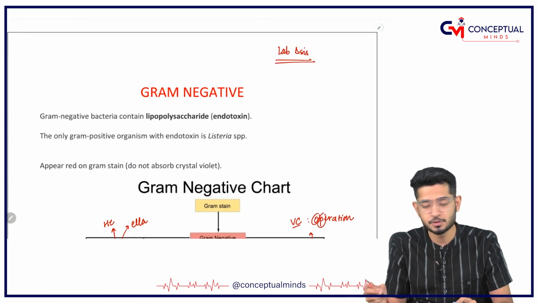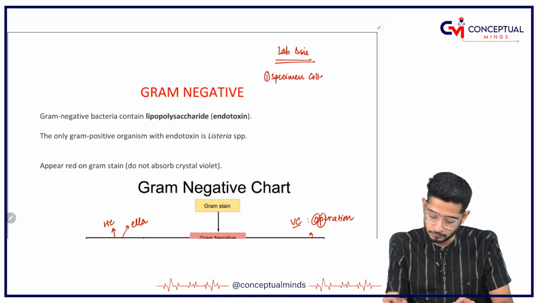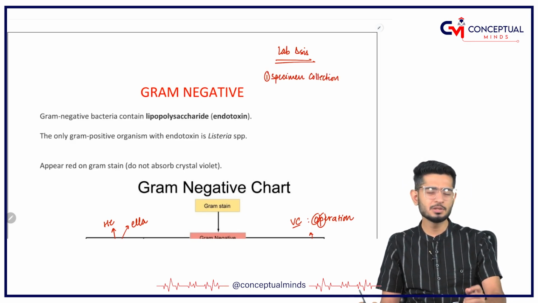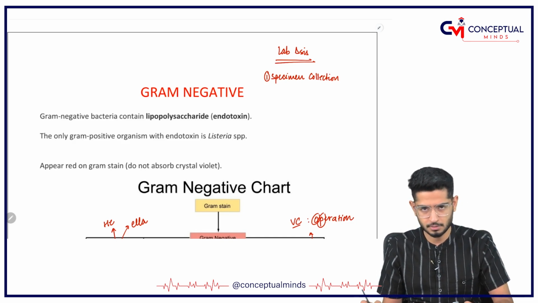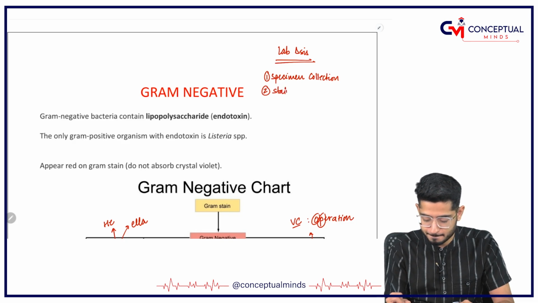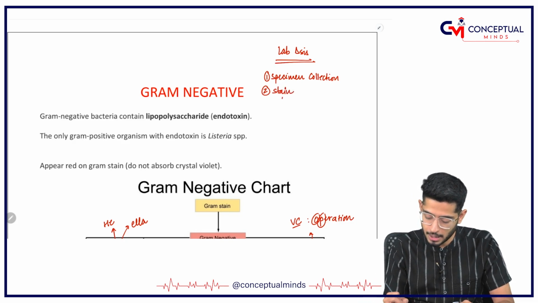Whenever you are supposed to write the laboratory diagnosis, the very first thing you will write is the specimen collection. Like for example, if it is TB, you will collect the sputum sample, right? Next you will write the stain, okay, the stains which we are going to do, and obviously a diagram of the stain is important. Then after staining you will write culture.